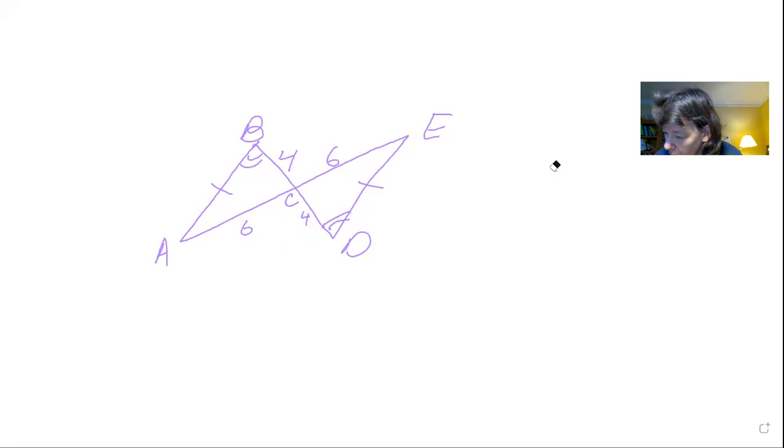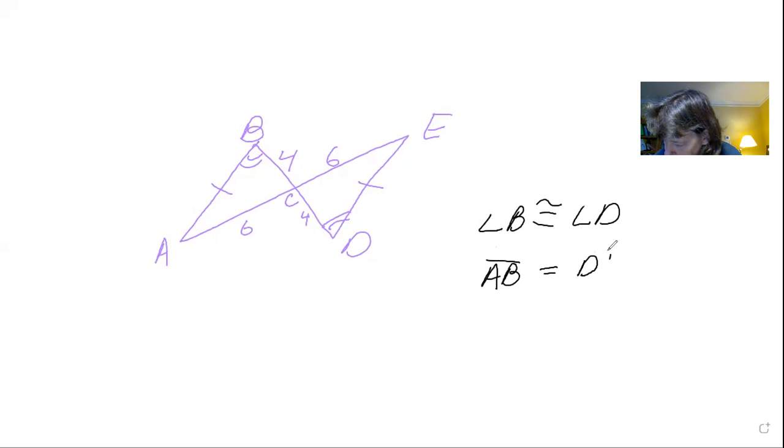So first of all, you can look on the drawing, and we know that angle B, based on the markings in the drawing, is congruent to angle D. We also know from the drawing that line segment AB is congruent to line segment DE because of the congruent markings in the drawing.